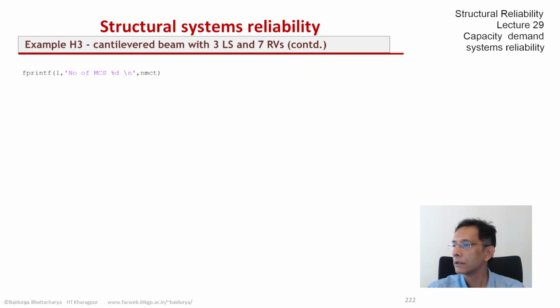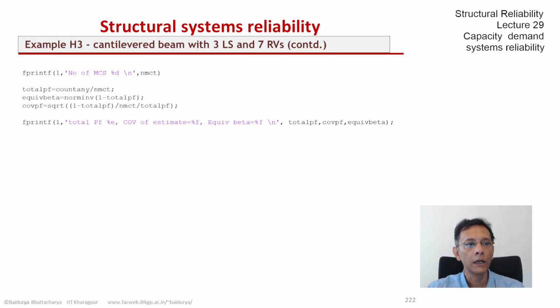In the next slide, we are ready to output all the results. So the total failure probability is the count divided by the number of simulations. I find the equivalent beta through the normal inverse function. I also find the estimated COV through the estimated total PF.